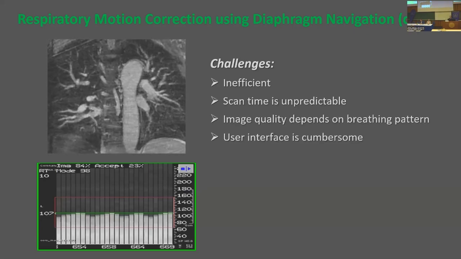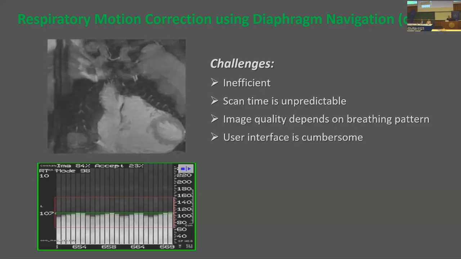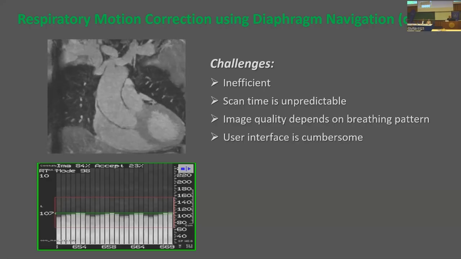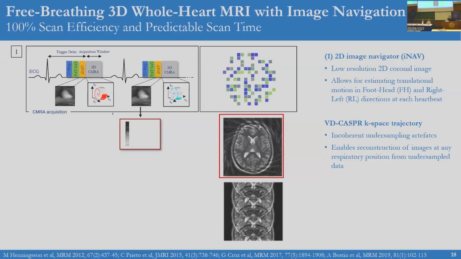The problem is it's a pretty inefficient approach, and the scan time can be unpredictable. So Claudia Prieto and René Botnar's group came up with a very interesting and sophisticated way of getting around this. It uses a 2D image navigator, which uses a low-resolution coronal image.